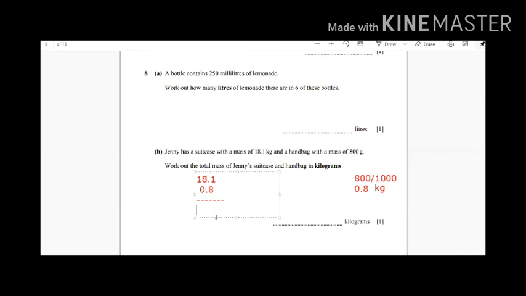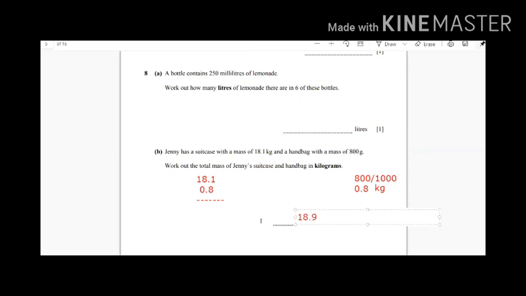So 800 gram divided by 1000, you will get 0.8 kg. Got it? Okay. So 0.8 plus 18.1, how much? Because 18.1 kg is the mass of the suitcase. So it is 18.9. Done.